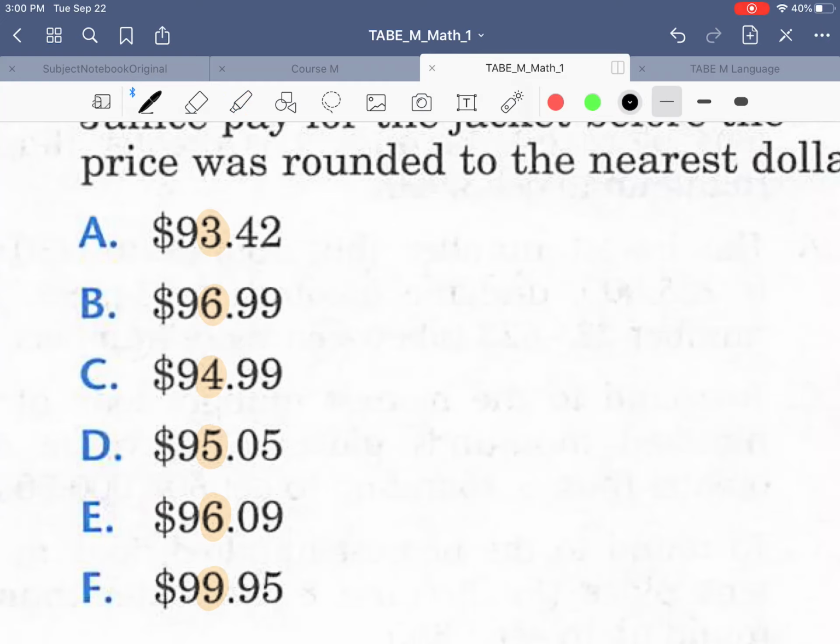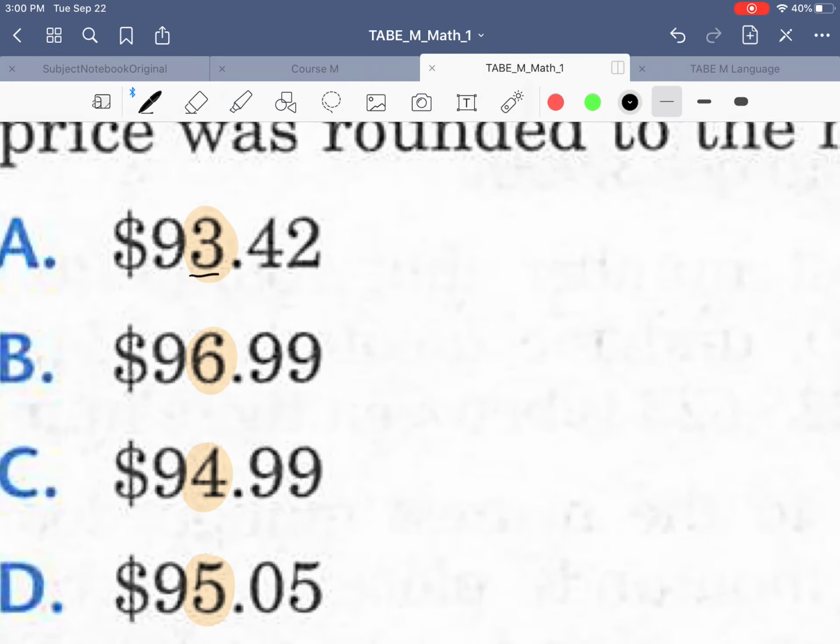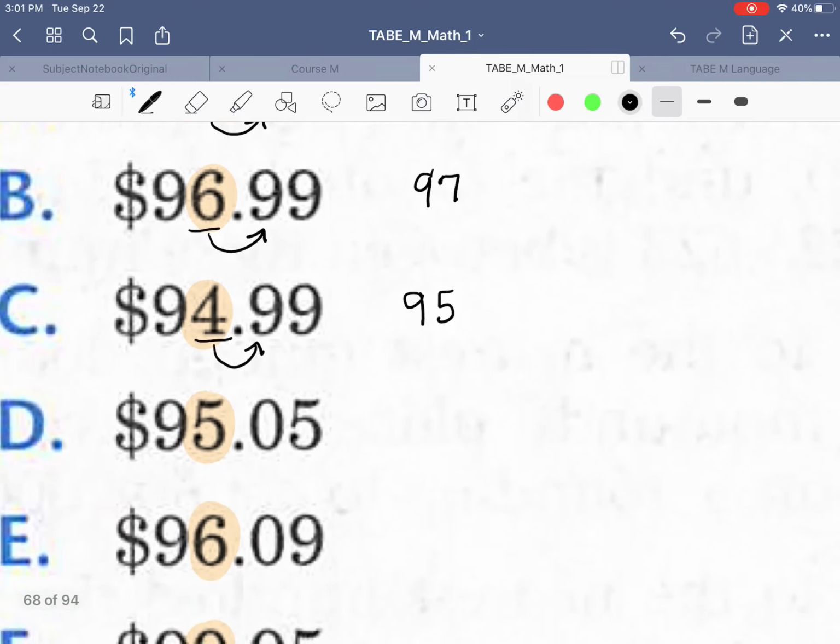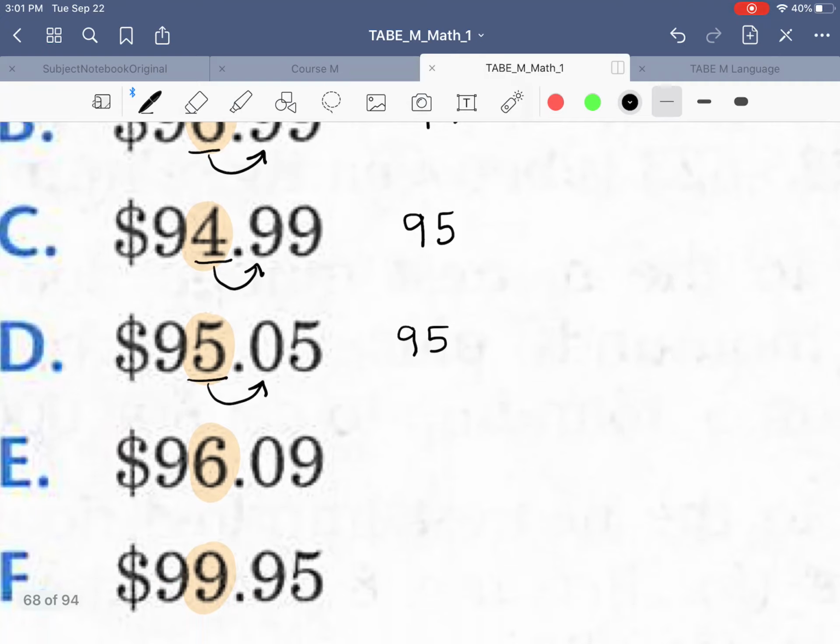And here we go. Neighbor says stay. Neighbor says round up. Neighbor says round up. Neighbor says stay. Neighbor says stay.